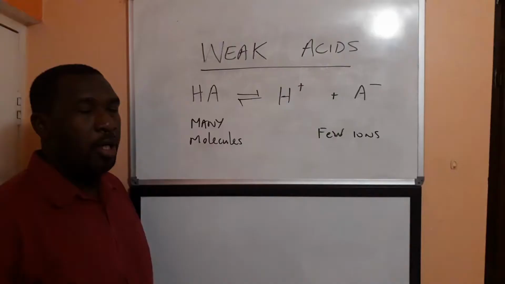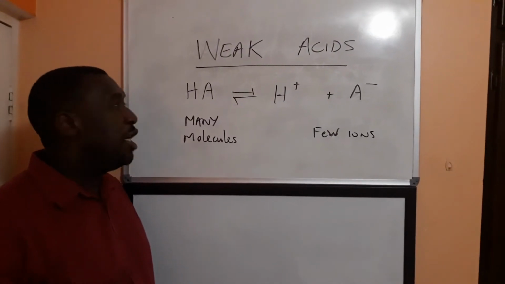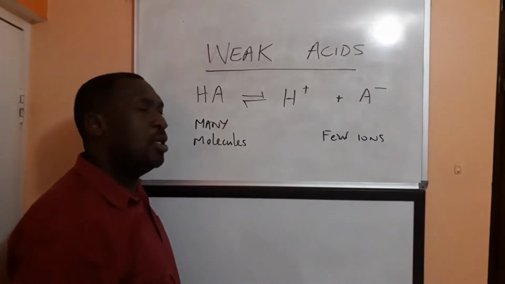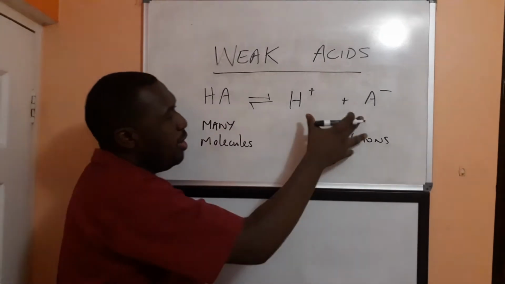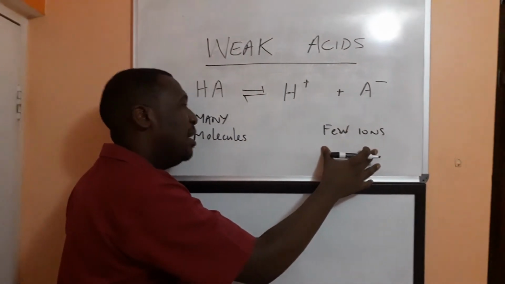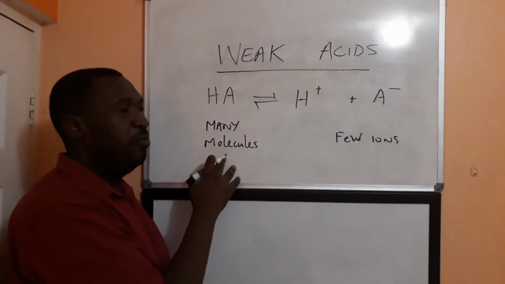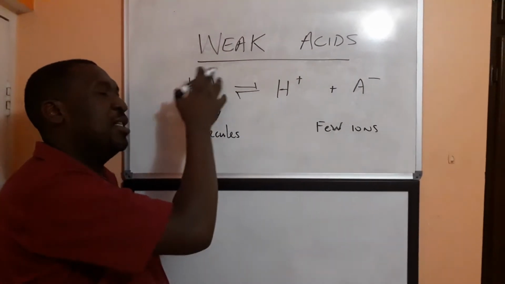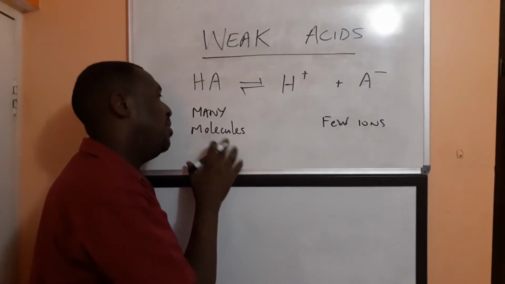aqueous solution. Now, if we consider a weak acid HA, what we find is that when it dissociates in aqueous solution, only a few ions, relatively few ions are formed compared to the number of molecules. So what it means is that this equilibrium lies to the left. The position of equilibrium lies to the left.